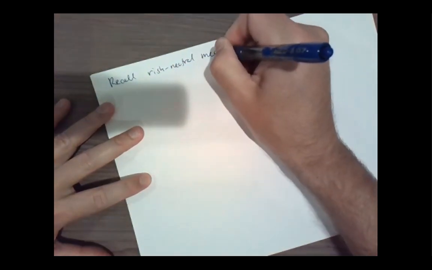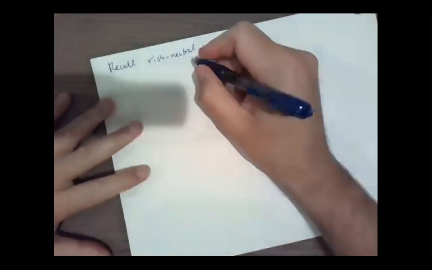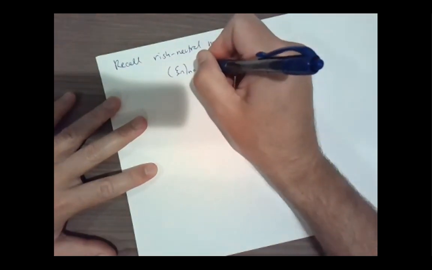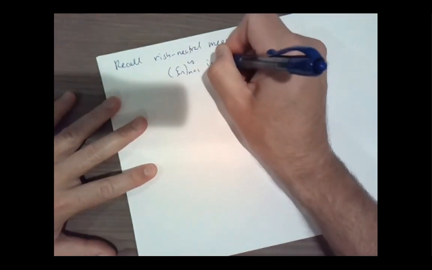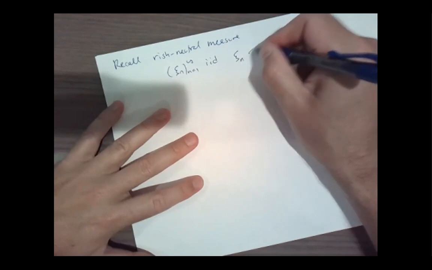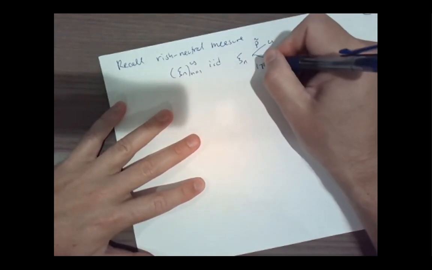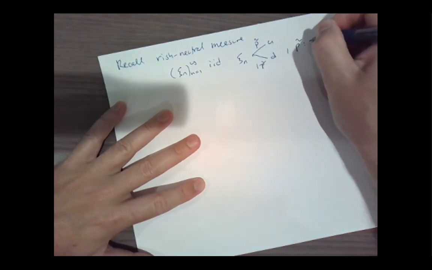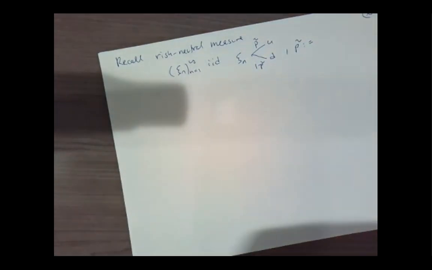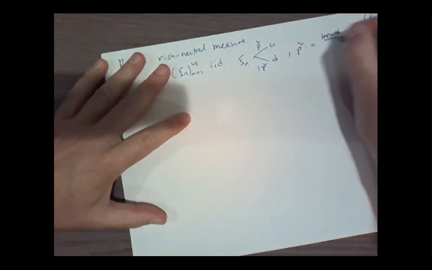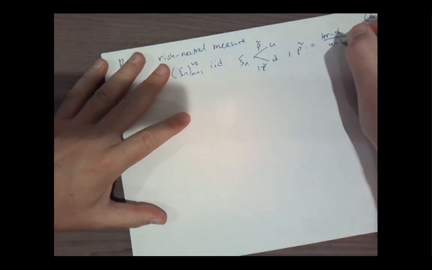Here we're going to have that these guys are going to be IID again, and they'll go up to u and d, but here we'll have p tilde, and here we have 1 minus p tilde. And p tilde has a formula, which I always forget. To make sure, p tilde is 1 plus r minus d divided by u minus d.